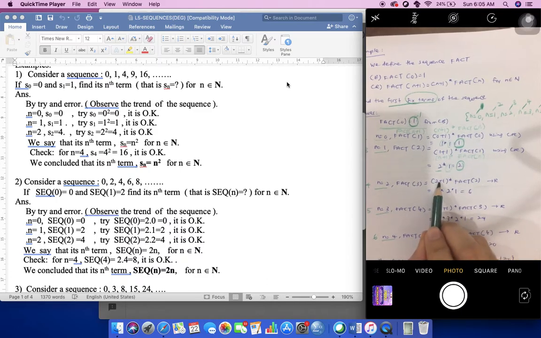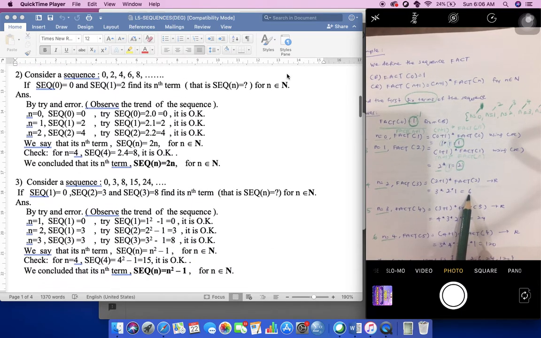So 2 plus 1 is equal to 3. Then factorial 2 is equal to 2 here. So 3 times 2 equal to 6.